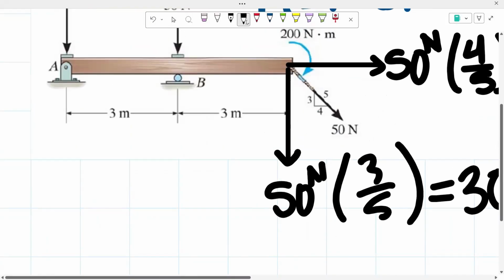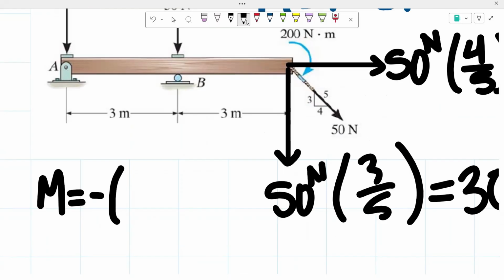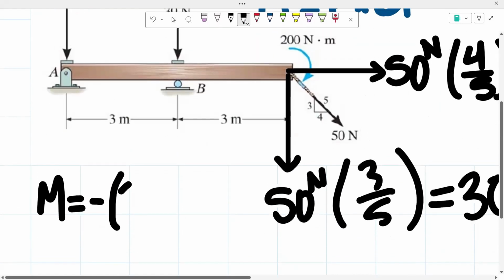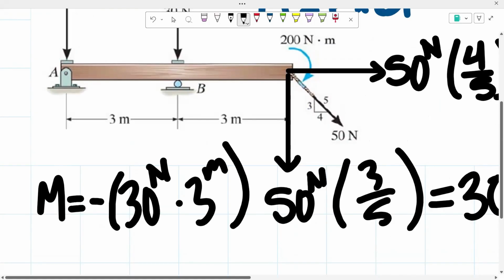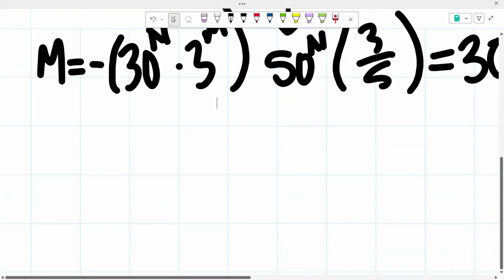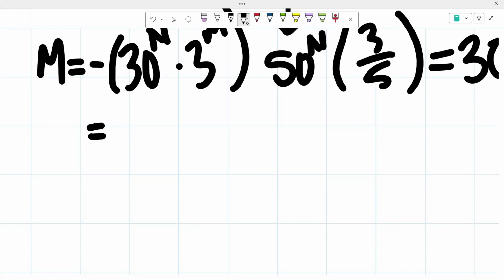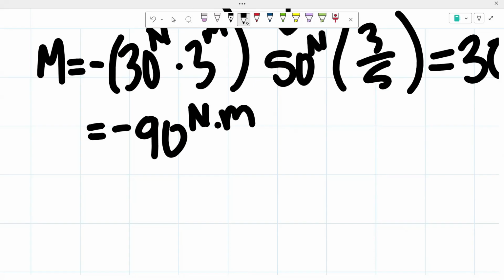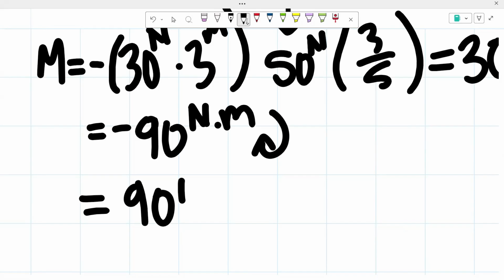So we end up getting that moment is equal to negative 30 newtons times 3 meters, and that should give you negative 90 Newton meters going counterclockwise.